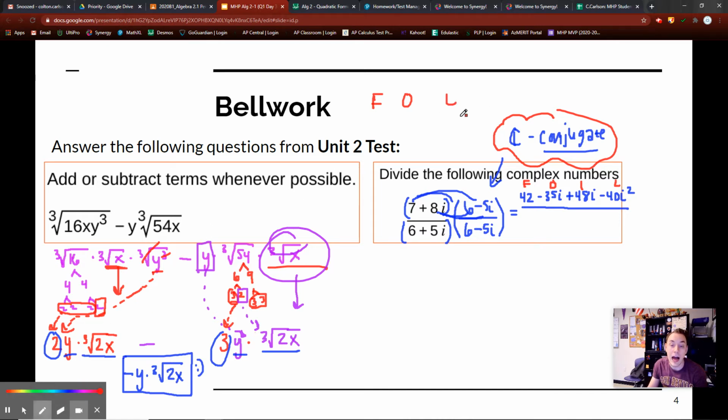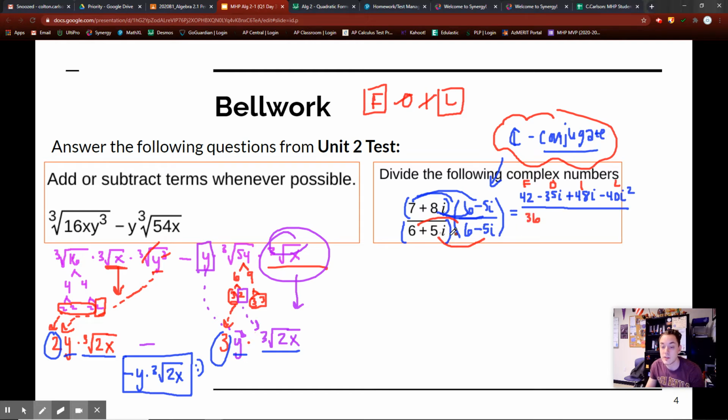Your middle 2 terms, your outer and your inner, when you multiply by the conjugate and FOIL it out, go poofy, and you're just left with your first and last terms, which means all I have to do is multiply the first terms and the last terms. That is it. So first terms, 6 times 6 is 36.